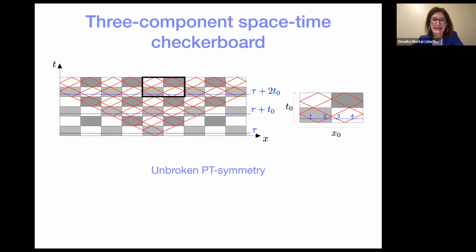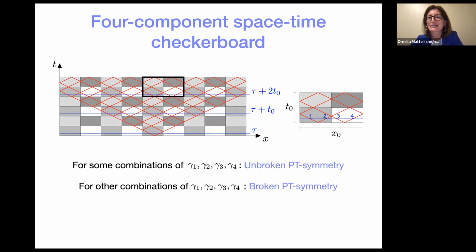All right, so let's make things a little bit more complicated and consider a 4-component space-time checkerboard. Here again, I am looking at the case where the wave speeds are still equal to each other. That's why you see that the slopes of the characteristic lines do not change when I go from one square to the next.